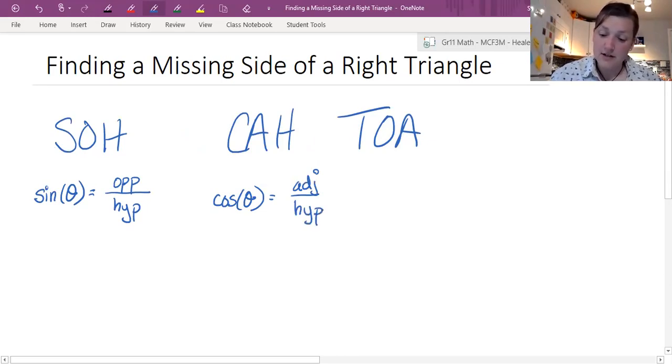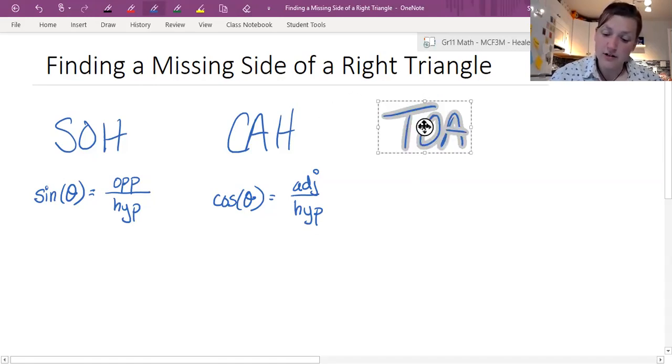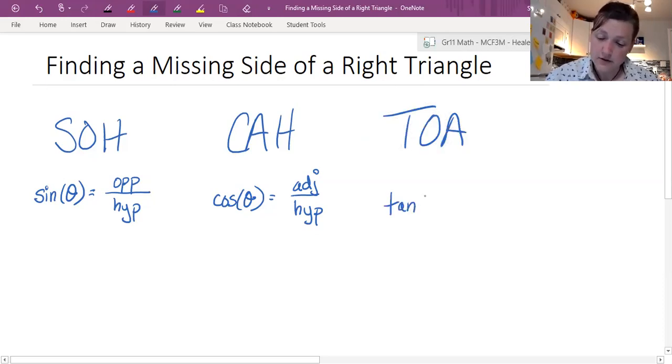And then the last one, TOA, is for the third trigonometric ratio that we're using, which is called tangent. So the tangent of a specific angle means the ratio between the opposite side and the adjacent side.